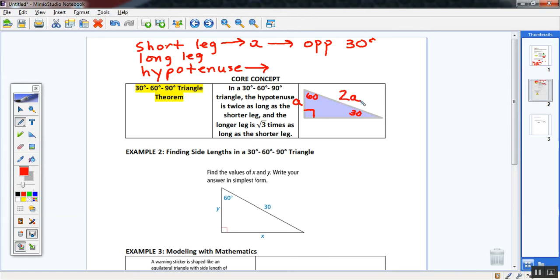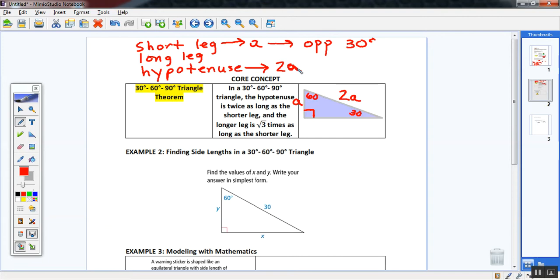The hypotenuse is always 2 times the what? If the short leg is A, the hypotenuse is how many times longer than that? 2 times longer than that. So if A was 5, what would this side be? 10. If the longest side is 50, what's this short leg?